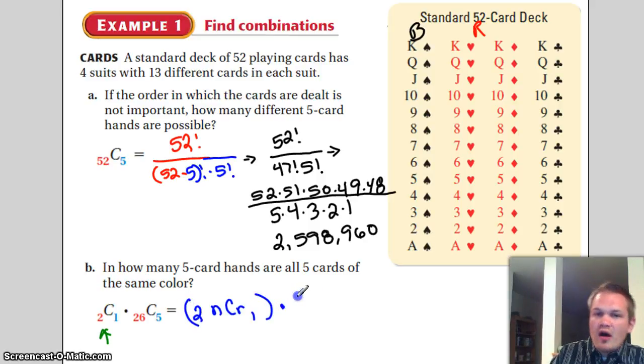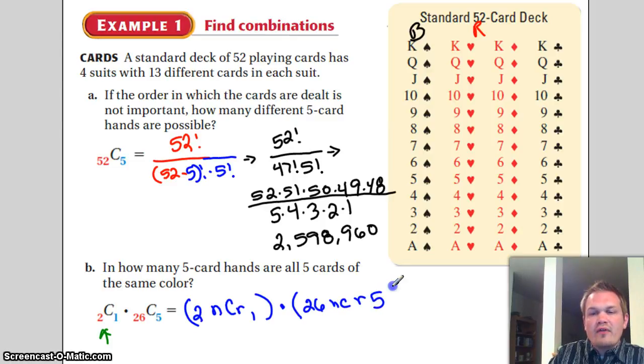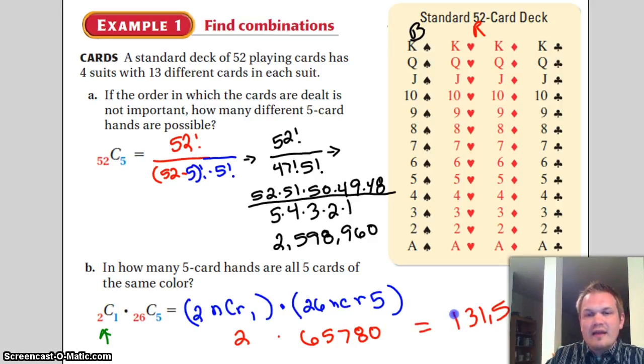Times, because you are including the choice of color with your card choices, 26 nCr 5. When you figure out those numbers in your calculator, this is 2 times 65,780. Put those numbers together. There are 131,560 different 5-card hands that are the same color.